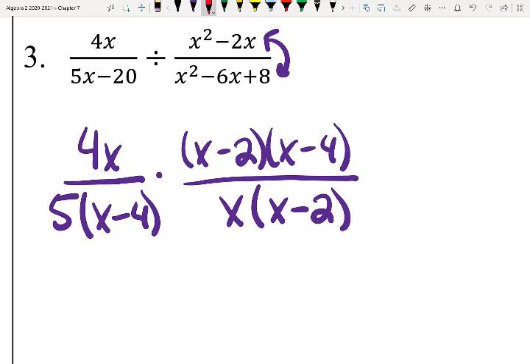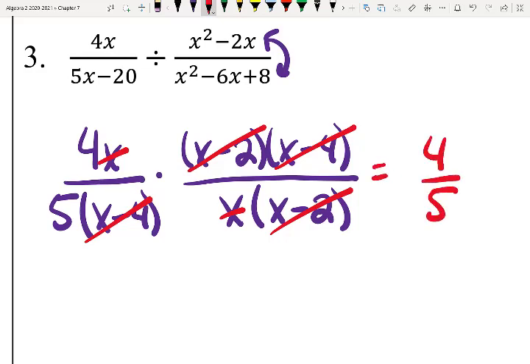It's multiplication. I can just look at what's in common between numerator and denominator. So here, my x minus 4s cancel out. My x minus 2s cancel out. And my x's cancel out. So basically all my variable terms go away. I'm just left with 4 over 5.